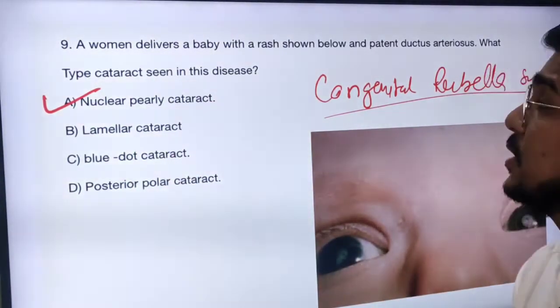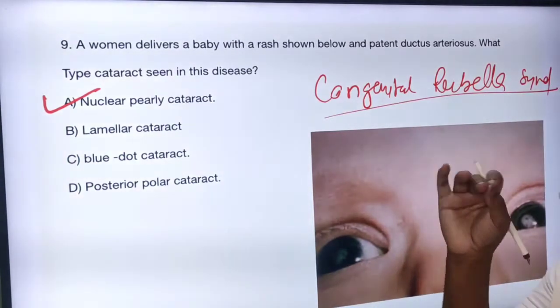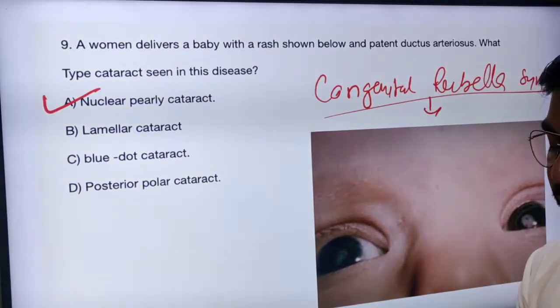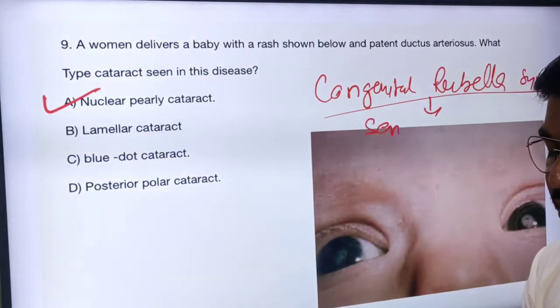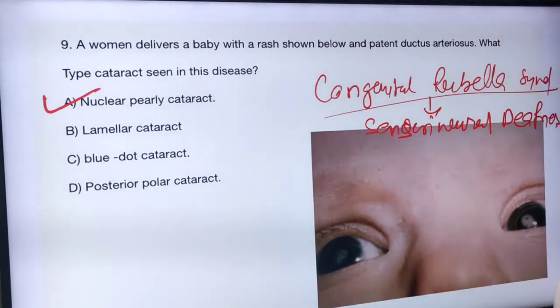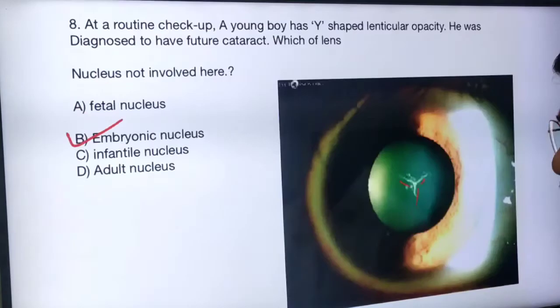But here this is not it. You have to know some more things. In congenital rubella, besides cataract, you can have sensorineural deafness also. Besides that, you can have congenital heart abnormalities like PDA, patent ductus arteriosus.